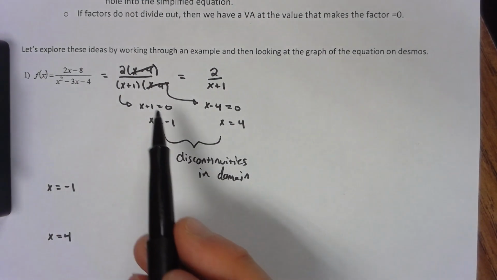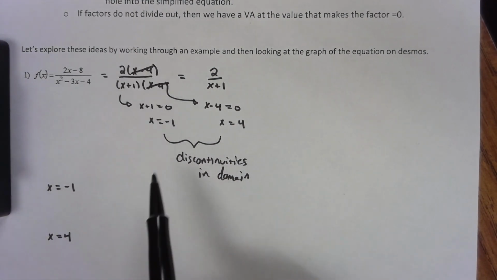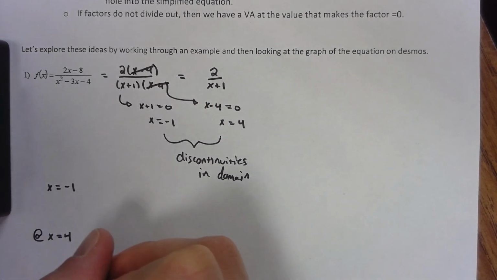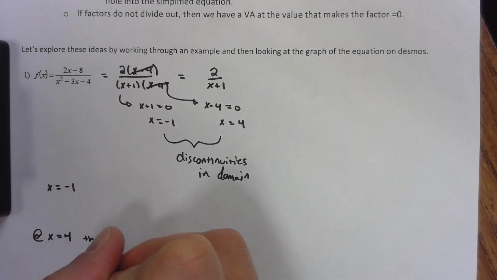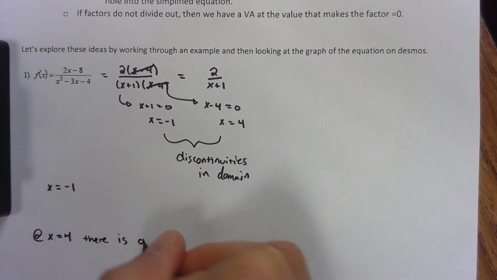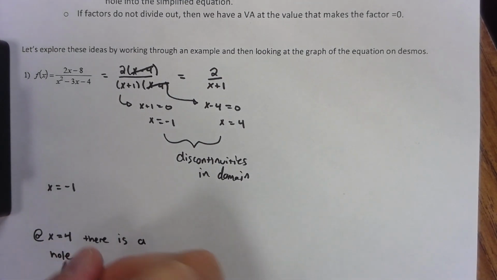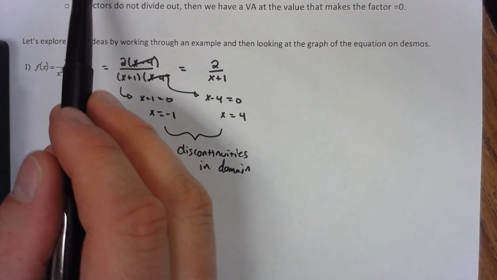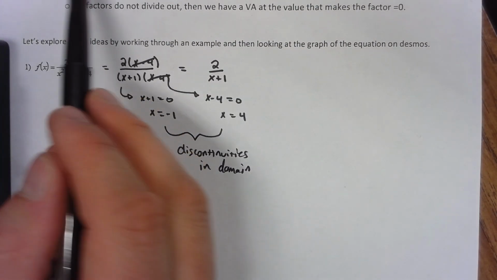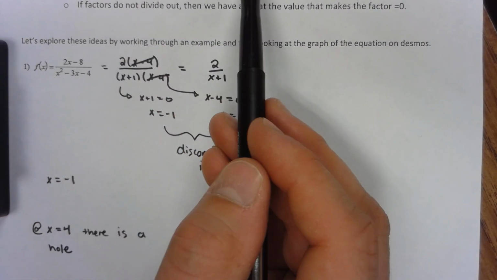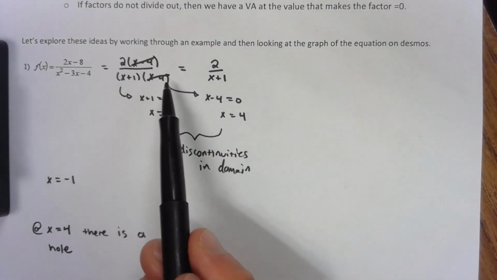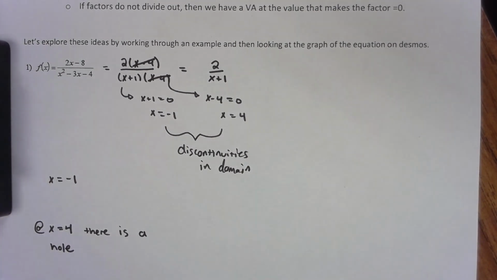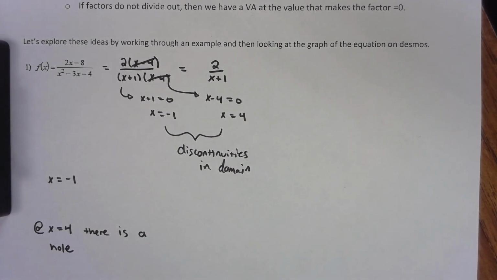Okay, so now, because the x minus 4 is divided out, that means that at x equals 4, we have a hole. Okay, and that's what I meant above. If you read of how we get the holes, if the factors divide out, then we have a hole at that location. x minus 4 is divided out, so we have a hole at the location that makes that term equal 0.